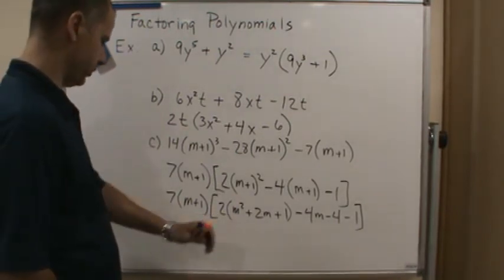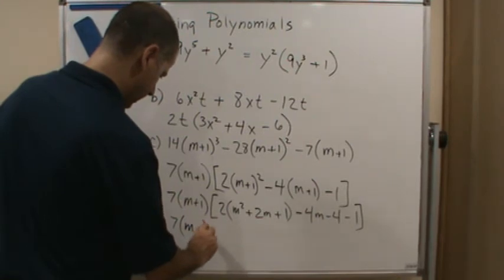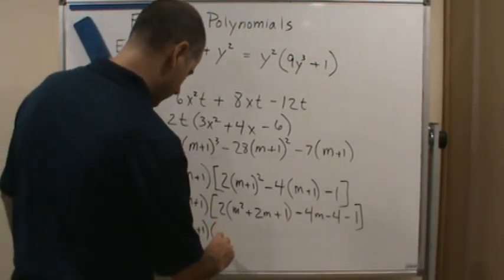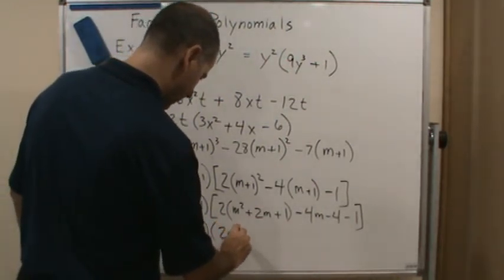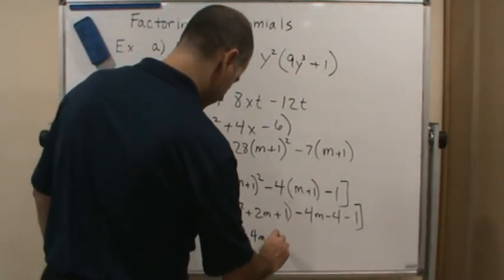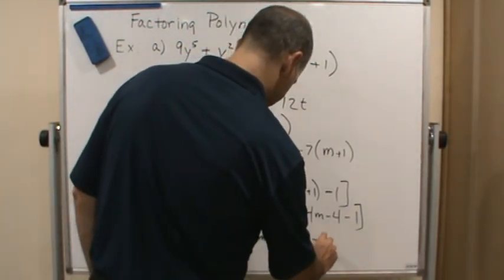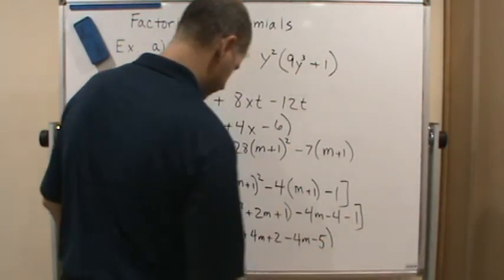Now I'm going to distribute the 2, so I get 7 times m plus 1 times 2m squared plus 4m plus 2 minus 4m minus 5.